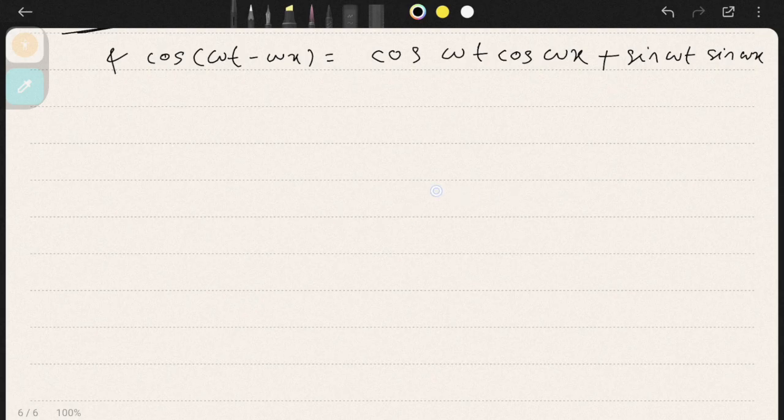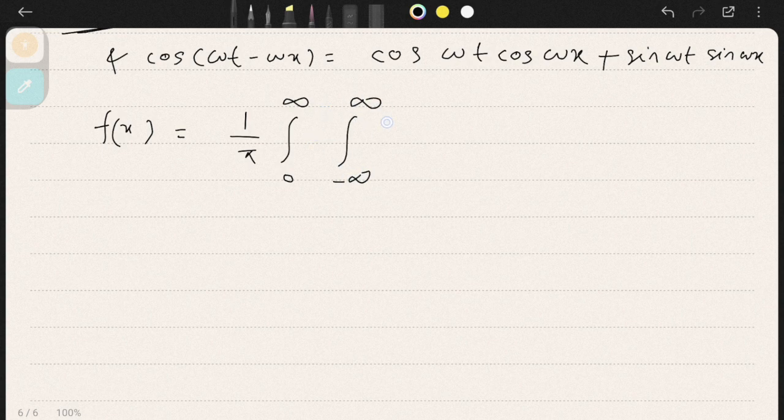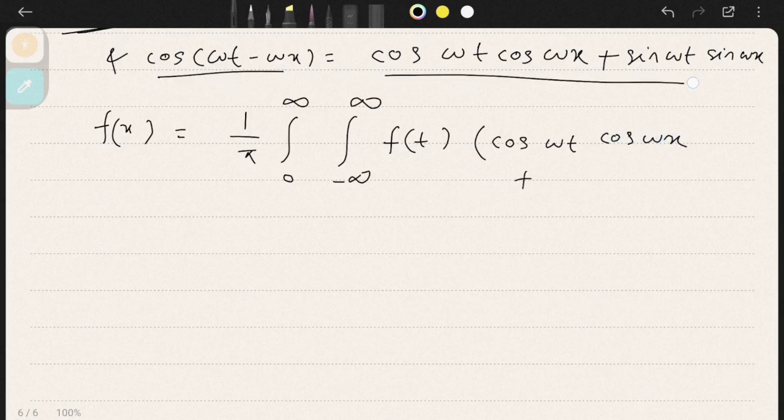Now using this expansion in the Fourier integral theorem that we just proved, we can write f(x) equal to 1 by pi, integral 0 to infinity, integral of f(t) times [cos omega t cos omega x plus sin omega t sin omega x] dt d omega.